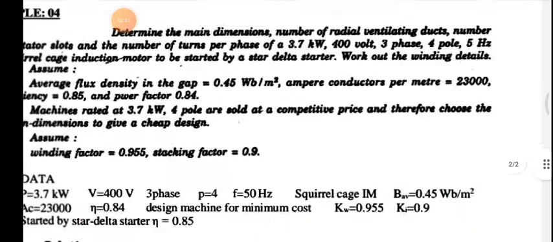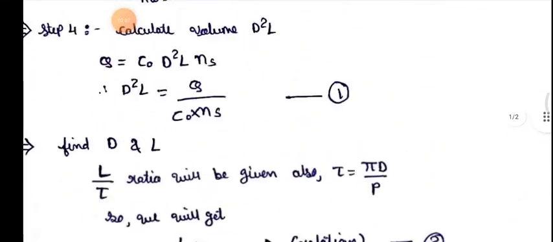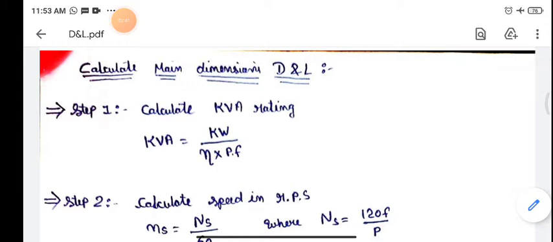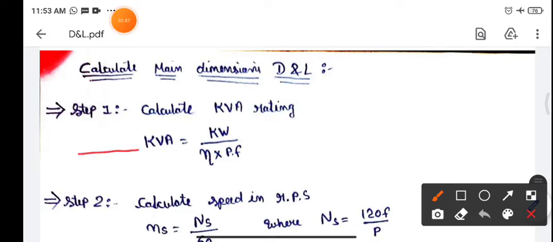So first of all we will start with the steps. Step number 1: how can we calculate the main dimensions, that is D and L. First and foremost, we need to calculate kVA. kVA can be found using the formula kVA is equal to kilowatt divided by efficiency into power factor.